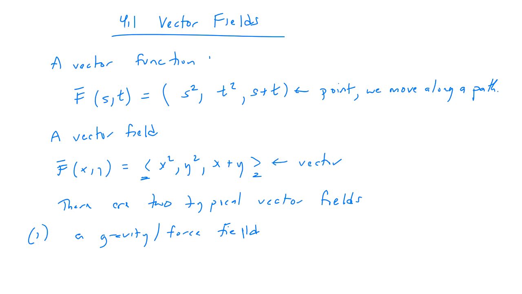And so this is something where we're in a space and at different points in the space, either gravity is different or there's an electrical current, so there's a force field of some sort. So let me do an example in a second, and I'll say what exactly this is giving us in a second.